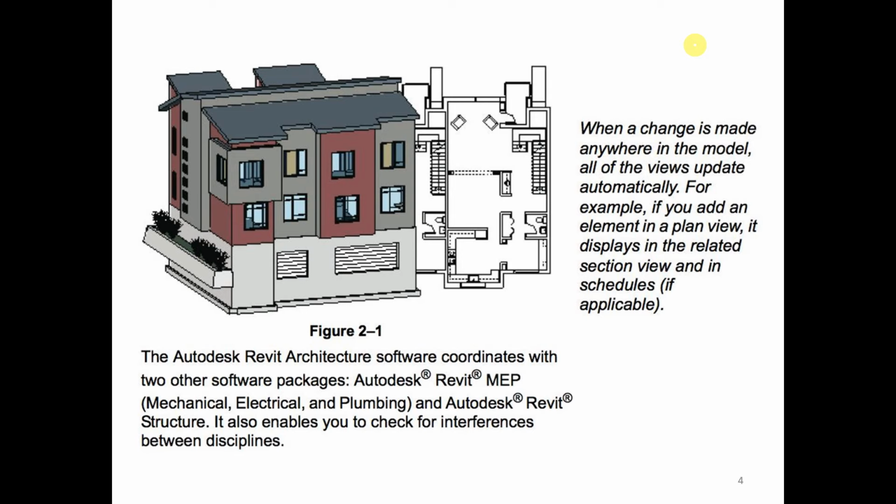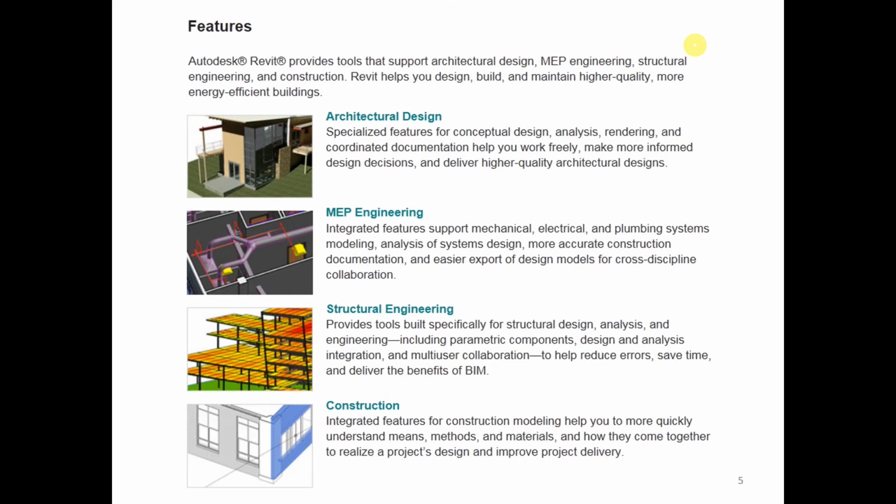By mechanical, I mean what's above your head. So that's the air conditioning, the electrical and the plumbing. That's all the mechanical aspect of it. So as I say, the software itself can be used for architectural design, MEP, mechanical, electrical, plumbing, structural and construction.